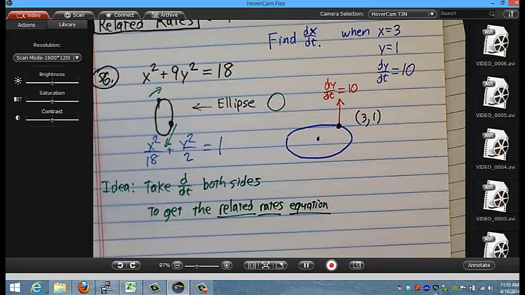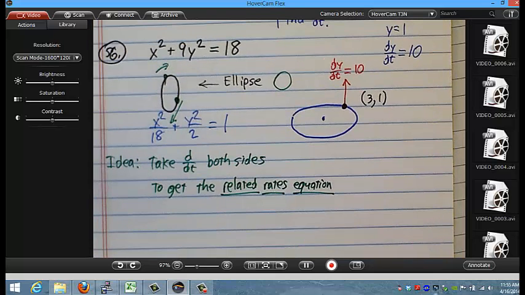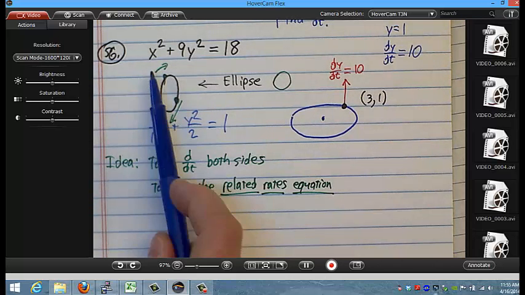All right. Taking d dt of both sides. So watch what happens. There's the original equation.